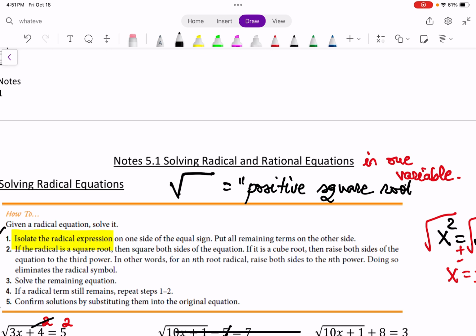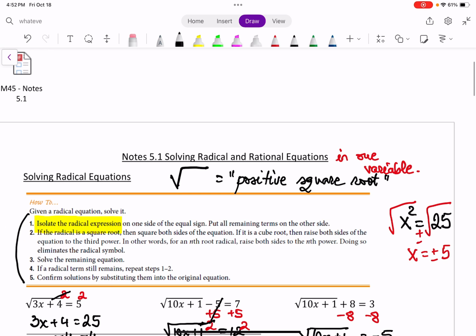Now, of course, we don't actually say the word positive because we just got lazy and we just say the square root. However, by definition, this symbol is called the positive square root. Anytime you put this symbol in your calculator, square root of 9, square root of 25, square root of 16, every time you get a positive number because that's what it does.